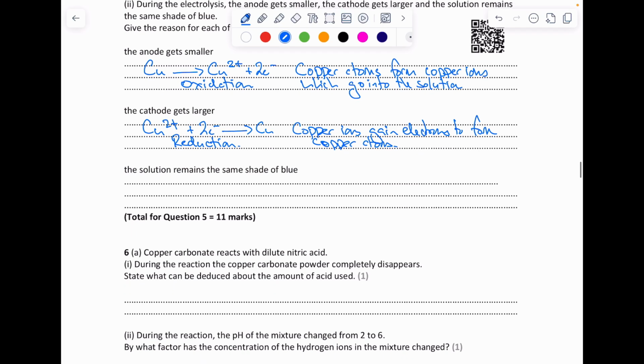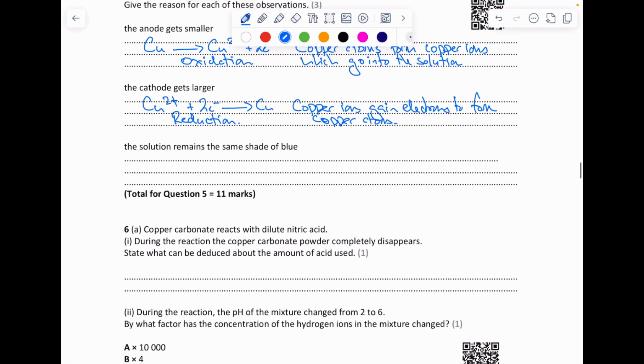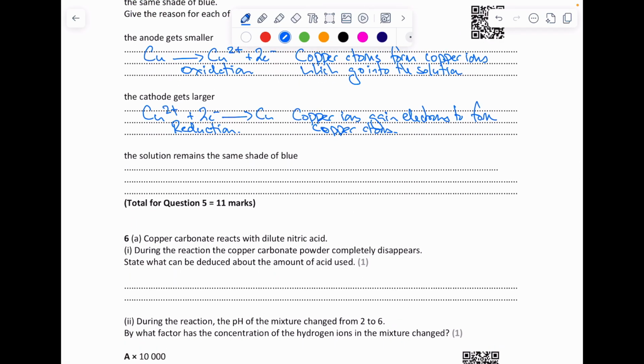And the solution remains the same shade of blue in this situation because the copper ions in this top reaction are being formed and the copper ions are being taken out of solution, but they happen at the same rate.